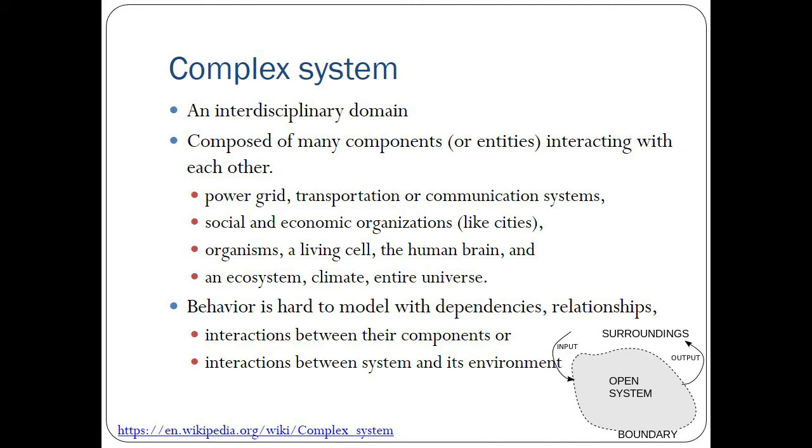Because they have complex dependencies and complex relationships. How have they formed these? Because the interactions between their components, or between the system and its environment, are very complex. So the interactions between components and between systems can be modeled with the help of complex systems.